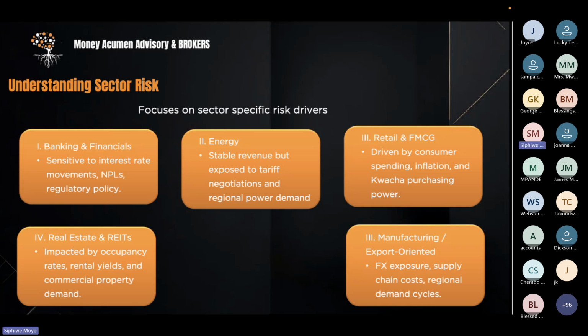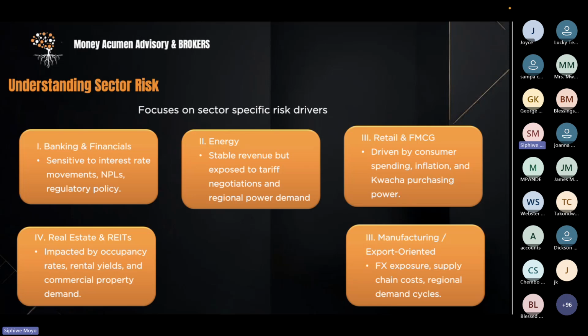If we look at the banking and financials sector, banks are sensitive to interest rate movements and non-performing loans, okay? Higher rates can boost net interest margins, but also increase credit risk. Regulatory changes, capital requirements, and lending policies can also influence growth potential in the banking and financials sector.